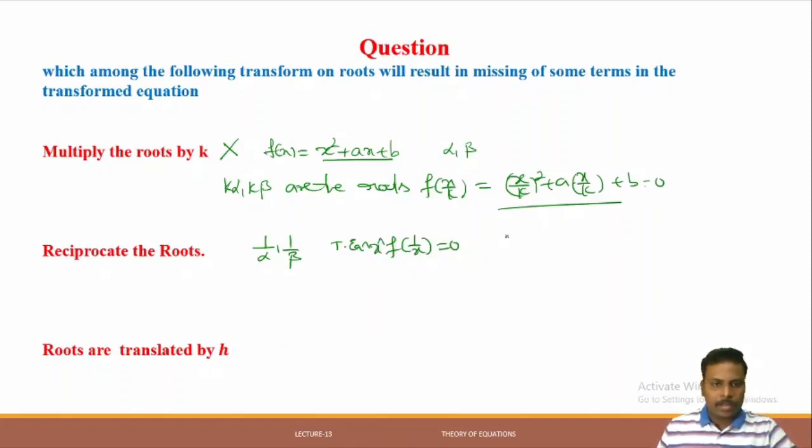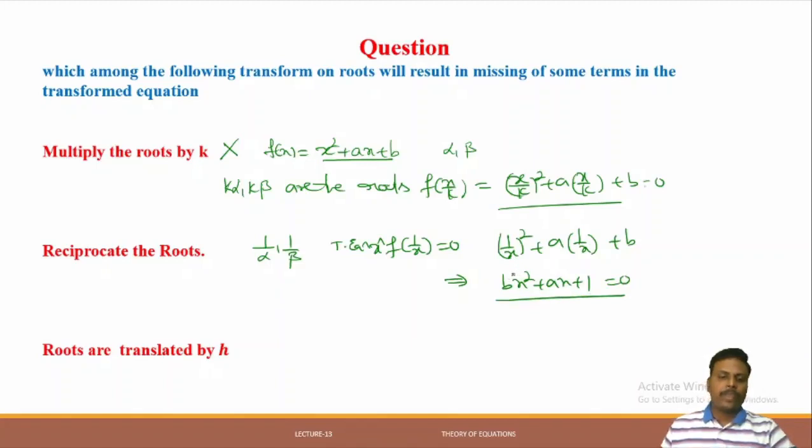So this becomes (1 by x) whole square plus a into (1 by x) plus b, which implies we get bx square plus ax plus 1 is equal to 0. Even in this case you will have the same three terms, not even a single term is missed. So even this is not the right answer.